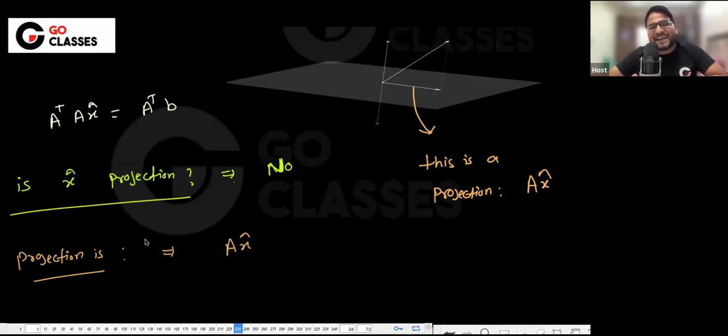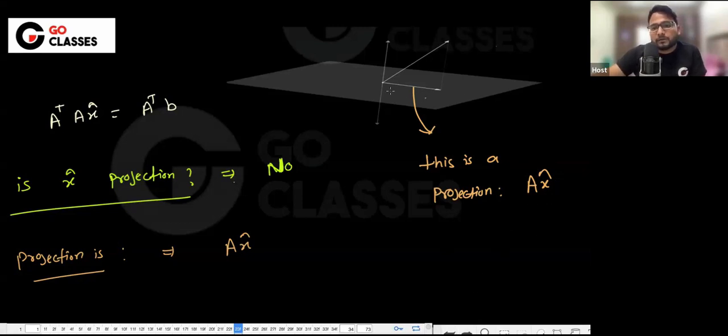So x cap is, you can say, Nitish Kumar. He's a kingmaker, which means that finally he's making the projection.